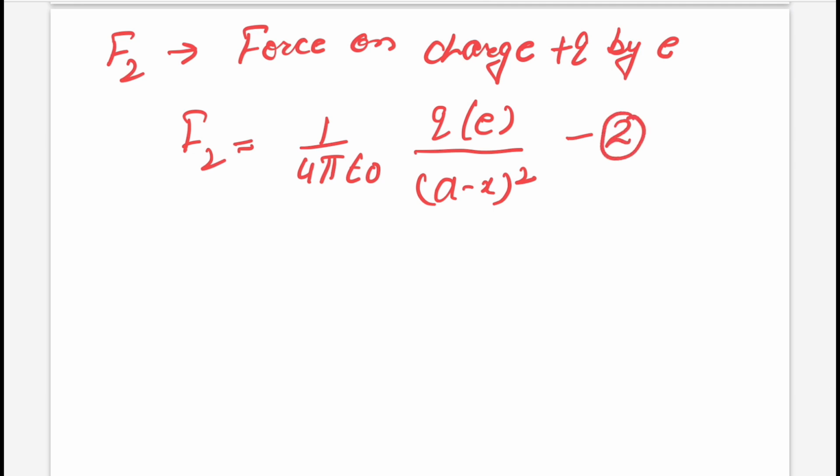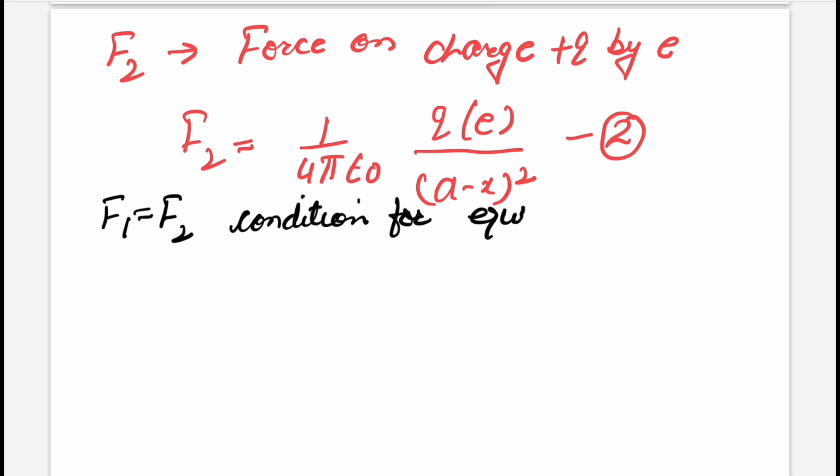Then we equate both the equations. F1 should be equal to F2. This is the condition for equilibrium. F1 should be equal to F2.